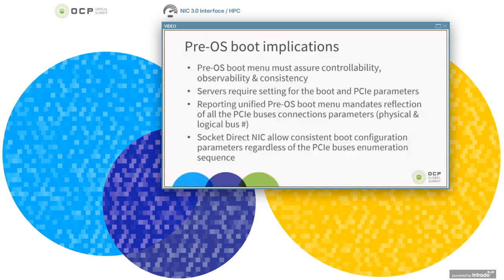So if you enumerate the first bus before the other, or the other before the first one, it doesn't matter. You'll always see the exact same look and feel, the exact same set of menus, and the exact same association of these menus to the right interface and device ports.